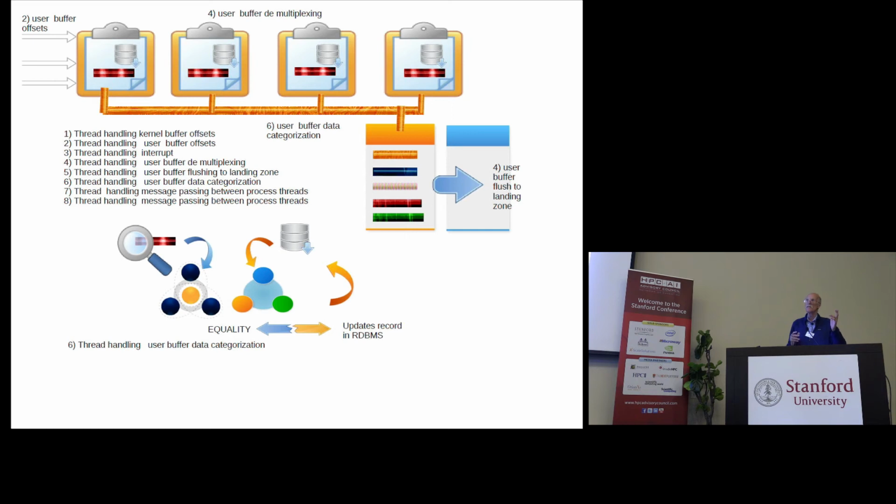So threads do 2 things. They control the data ingest from the network interface into the buffers from user space, and they also do one other thing. They message pass.